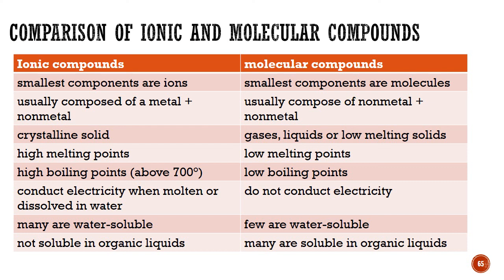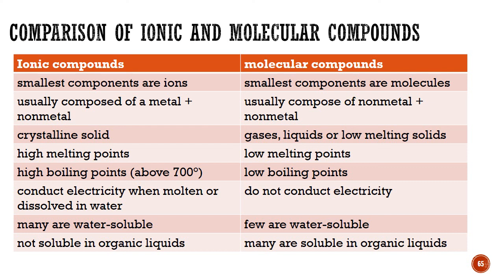Of course, there's a lot of range in between. If you've got a hydrogen bond, it's going to be higher than something that is just London dispersion. But overall, molecular compounds are lower than ionic compounds. Ionic compounds conduct electricity when they're melted because of the charged particles, whereas molecular compounds do not.